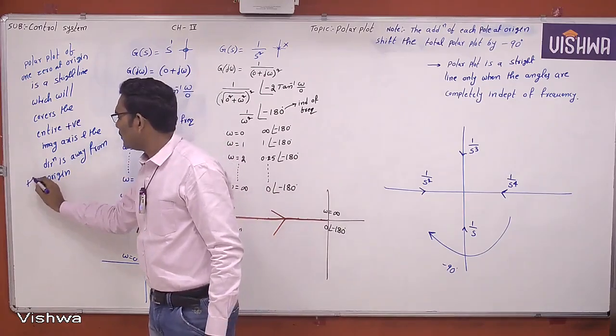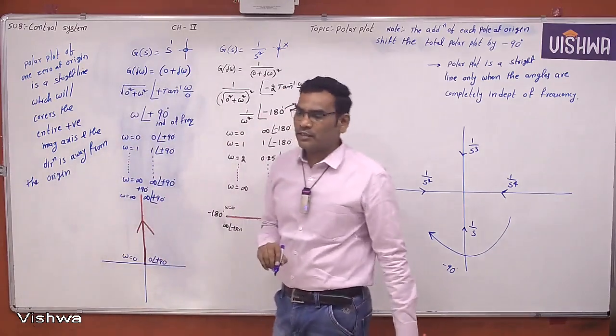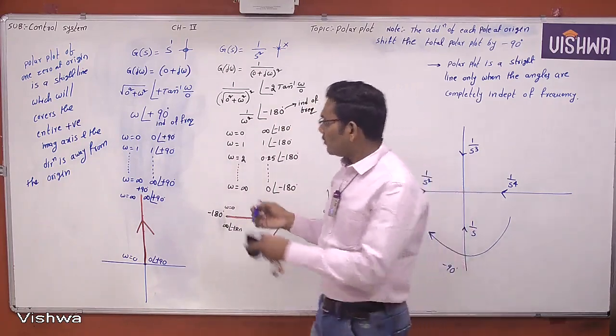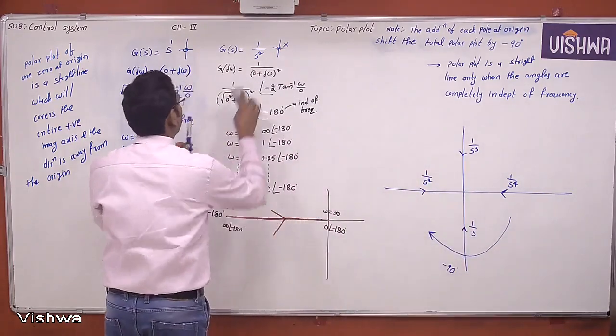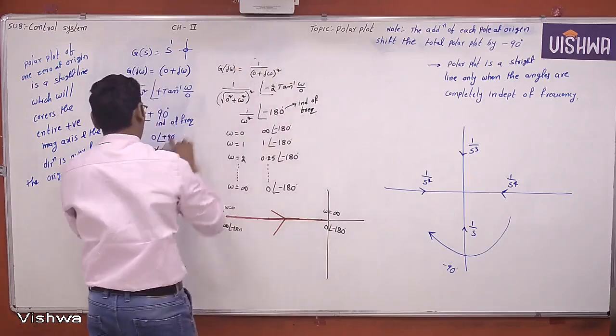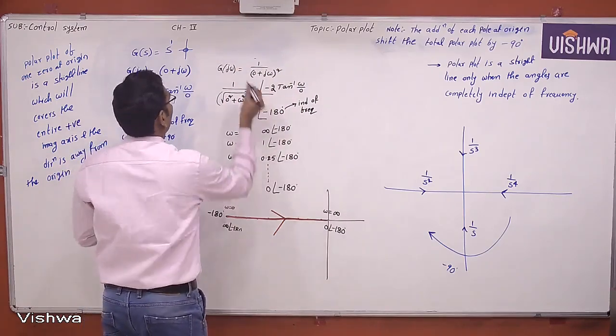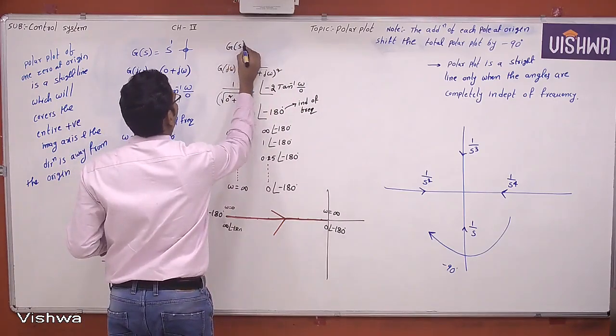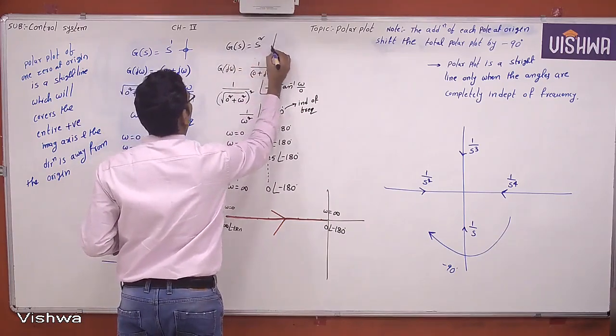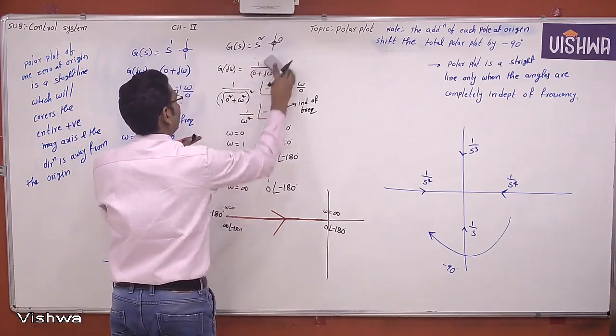Now similarly, can I write like this? G of s equals s squared, two zeros at origin.